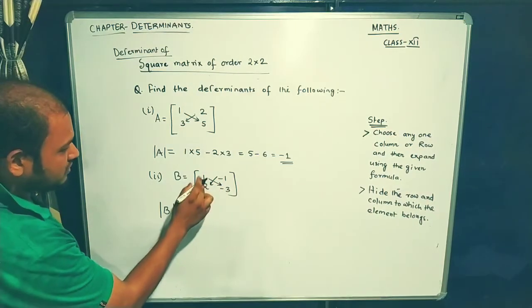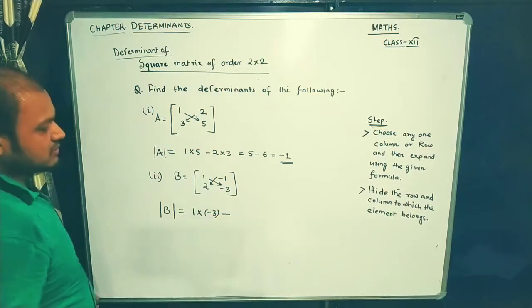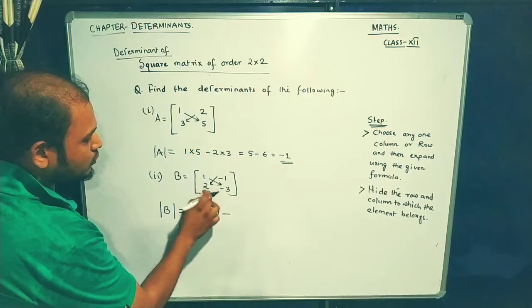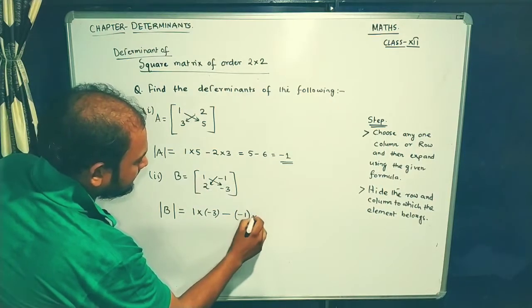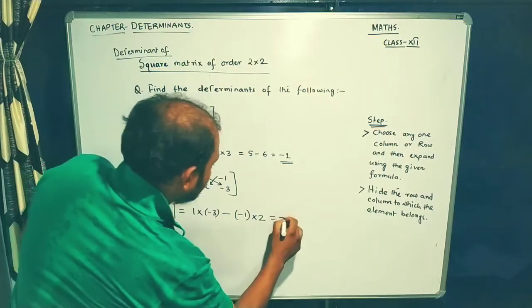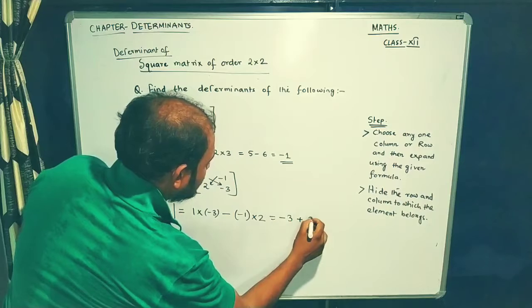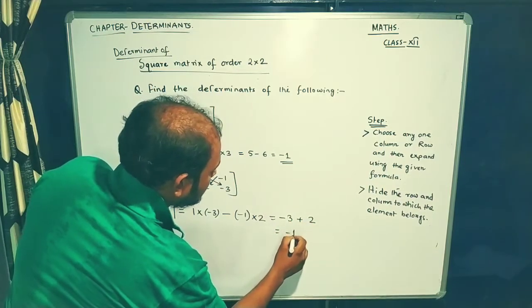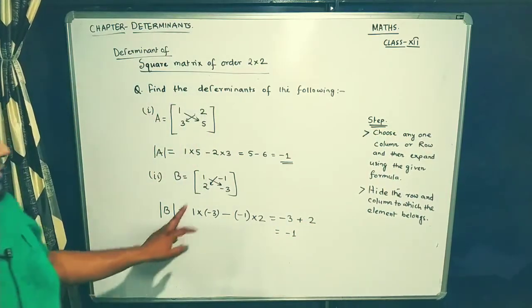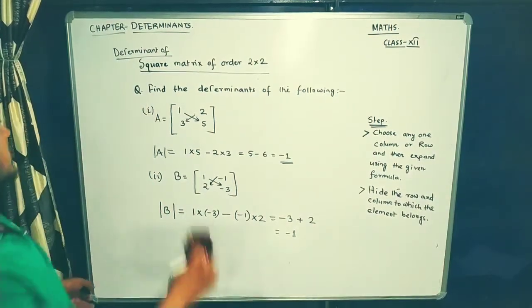What is this into this? 1 into -3 minus -1 into 2. So this will be equal to -3, then minus minus is plus 2, which is equal to -1. So the determinant of this matrix is -1. Okay, let us have another example here.